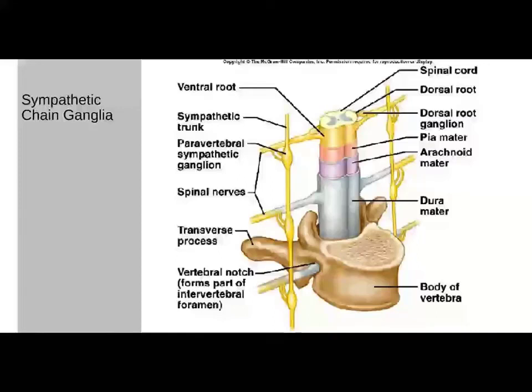It only needs to run from the spine to just outside of the spine. But the postganglionic neuron begins at that ganglion and then has to run all the way to whichever organ it's innervating. So the postganglionic neuron is really long.